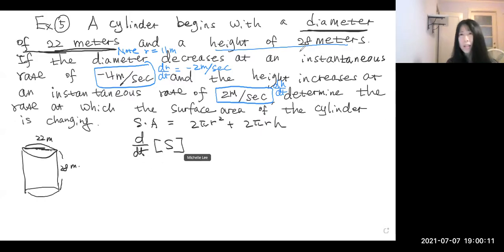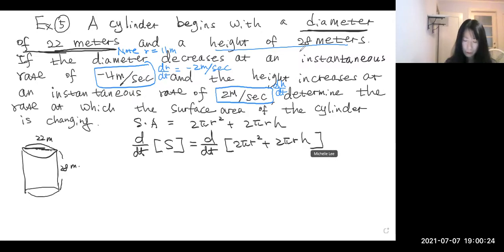Let me write the surface area equal to 2 pi r squared plus 2 pi r h. We take the derivative with respect to t on the left side. What do you get? dh over dt equal.